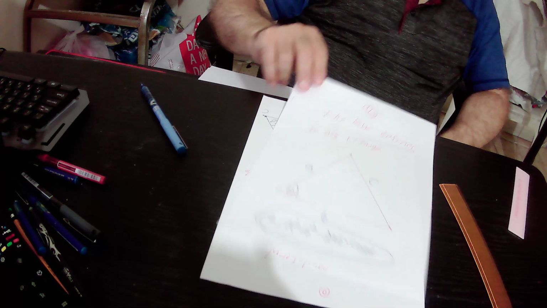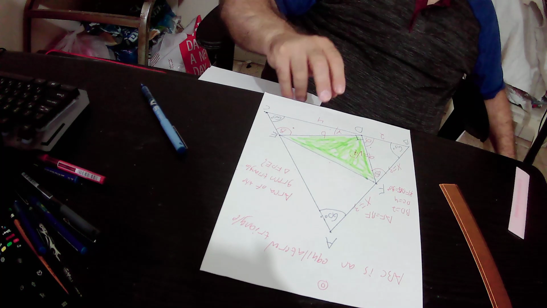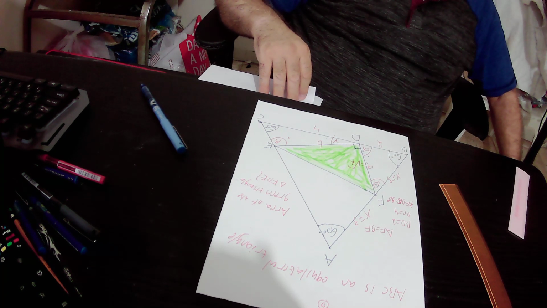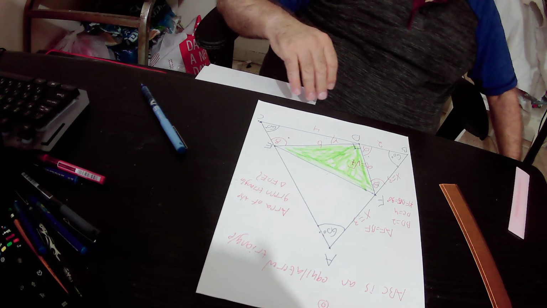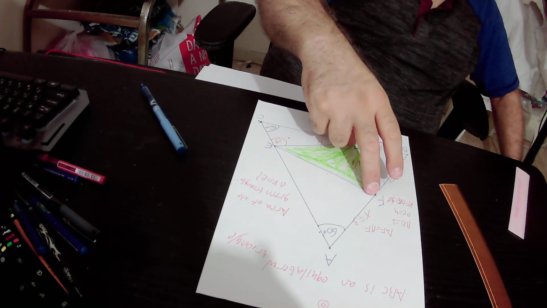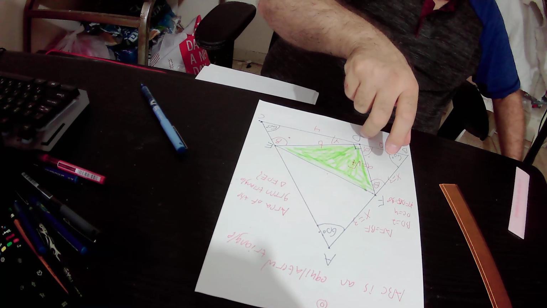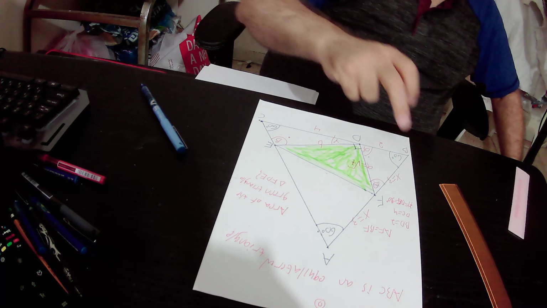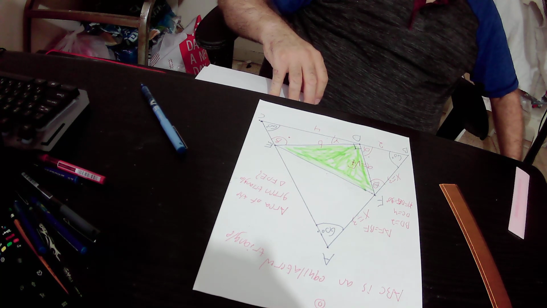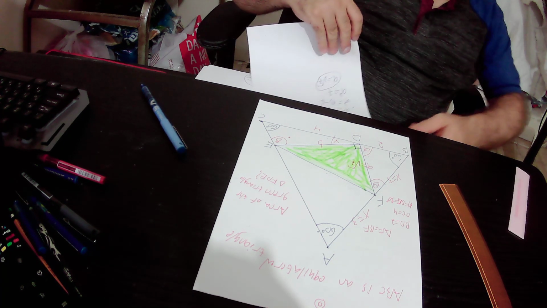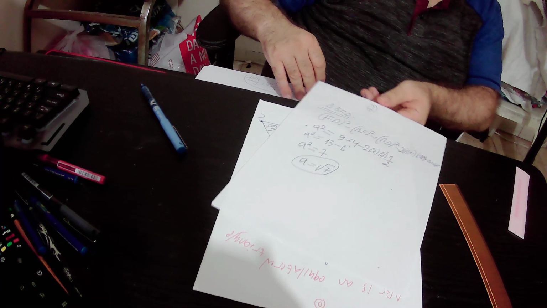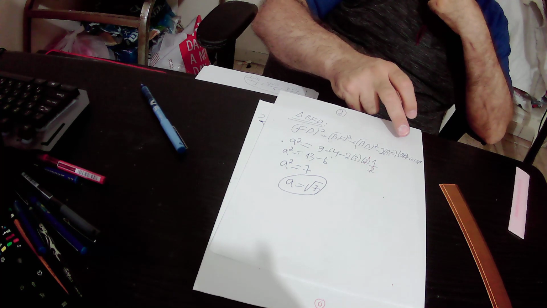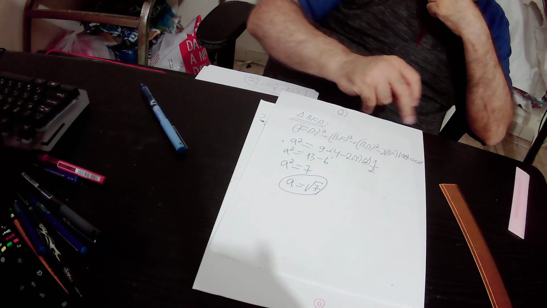So we implemented the law of cosines in the small triangle FBD. In the small triangle FBD, according to the law of cosines, FD squared equals BF squared plus BD squared minus 2 times BF times BD times cosine 60 degrees.